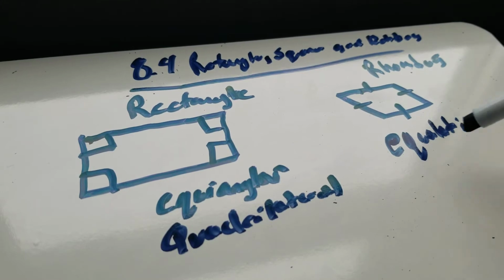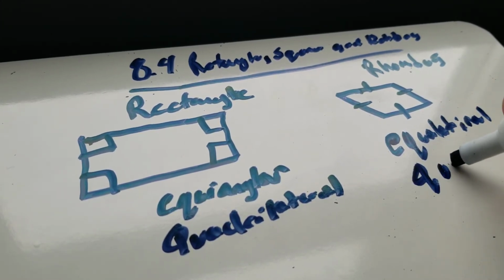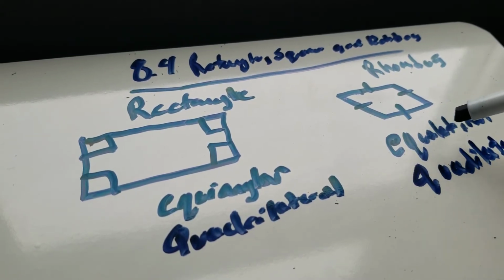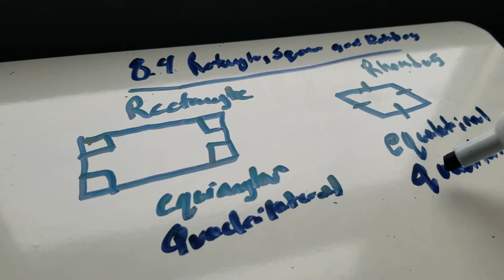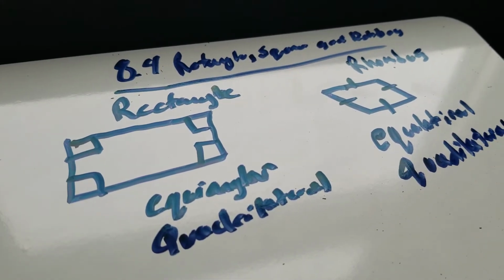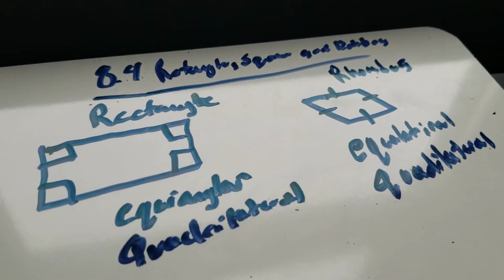So a rhombus is an equilateral quadrilateral. Equilateral, I imagine, has a Greek base: equal, lateral sides. Quad, four lateral sides. So equal side, four side. That's what it breaks down to.